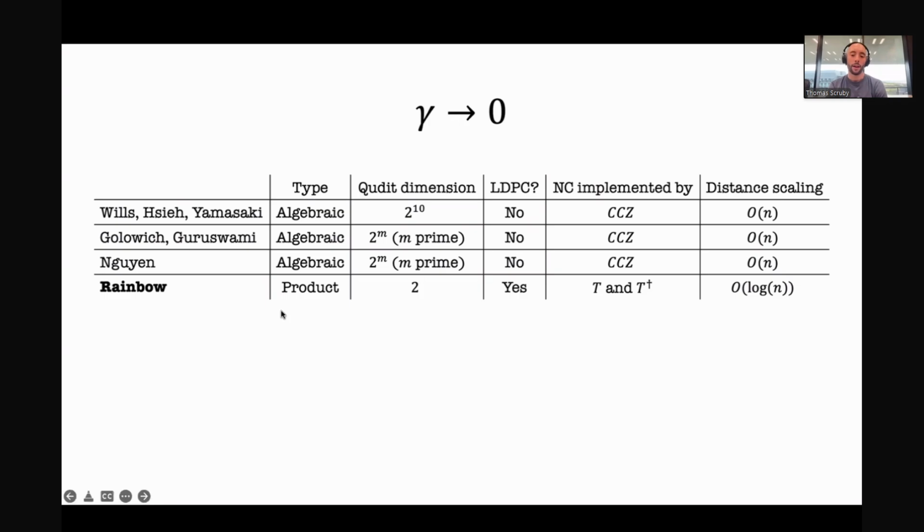The good things in our construction are that the codes are LDPC, and you only need non-entangling single-qubit operations to do the gate. But the distance scaling is really bad. I should also say these are LDPC in the technical sense, but if you ask an experimentalist to build this, they're not going to be very happy with the weights.